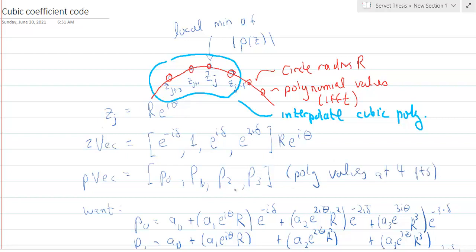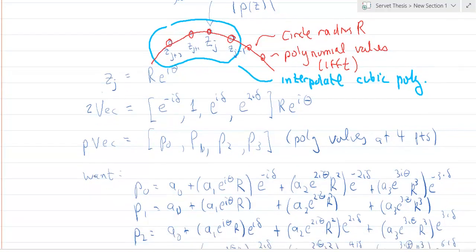All right, so what we want to do is, as I said, we want to interpolate. We want to find coefficients. Now, I'm sorry, these a's have nothing to do with the original avec. These are new coefficients. So you want to interpolate a cubic polynomial.